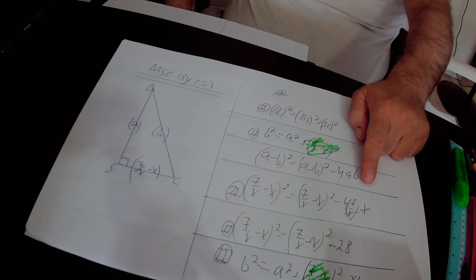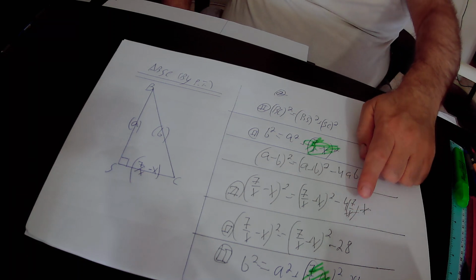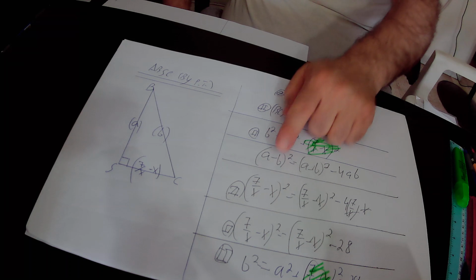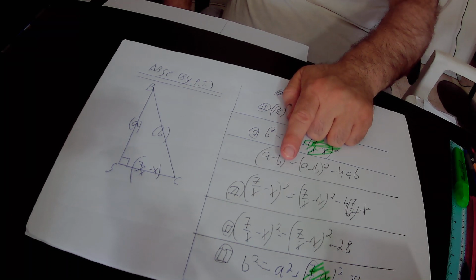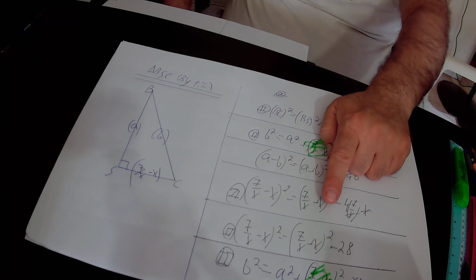Here we have x in the numerator and x in the denominator, so x gets cancelled. After we cancel x, this expression equals minus 4 times 7, that is minus 28. So in total, (7 over x minus x) squared equals (7 over x plus x) squared minus 28.